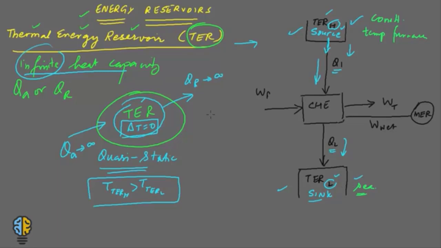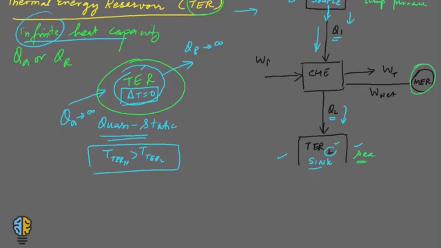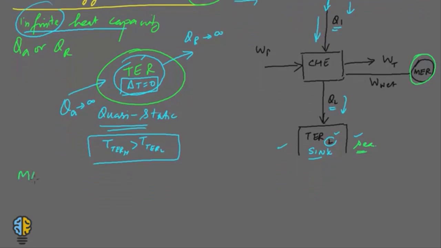Now in this given diagram, we are also seeing another term, which is called MER. Now what is this MER? MER is called the mechanical energy reservoir. Let me write it down.